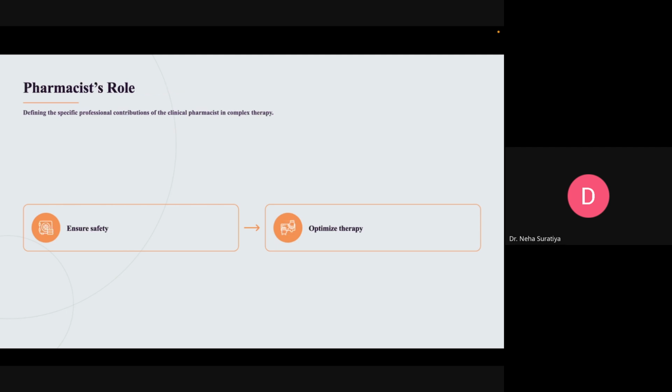And what is the pharmacist's role? Let's discuss briefly. This slide is again defining your own roles and responsibilities very professionally. I already elaborated how you can systematically approach this type of query, and how to do dose adjustment in hepatic and renal impairment cases. Systematic approach, I told you, right? Step 1, 2, 3, 4, 5. So of course pharmacists are here to ensure patient safety, optimize the therapy based on the laboratory, prevent toxicity, and support the prescriber with evidence-based recommendations.